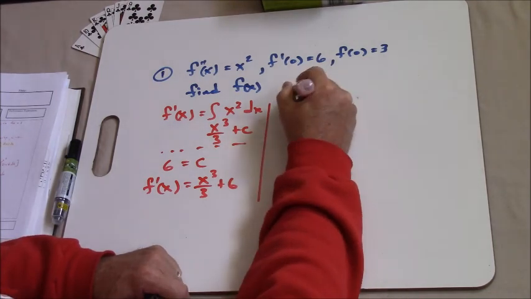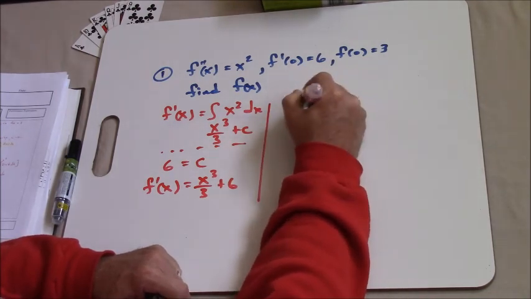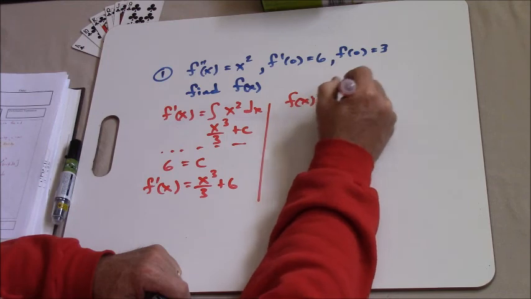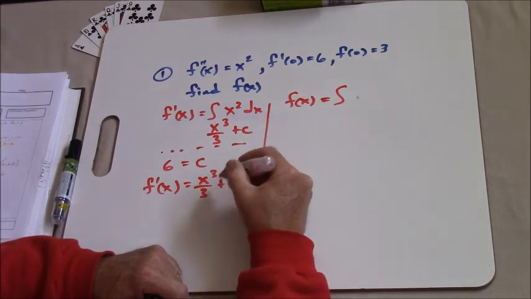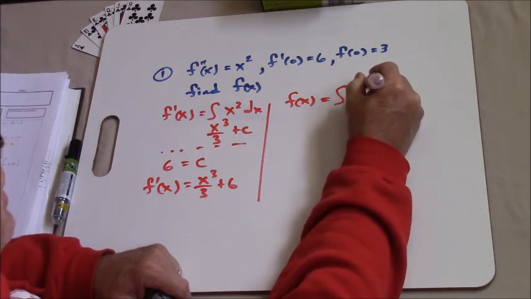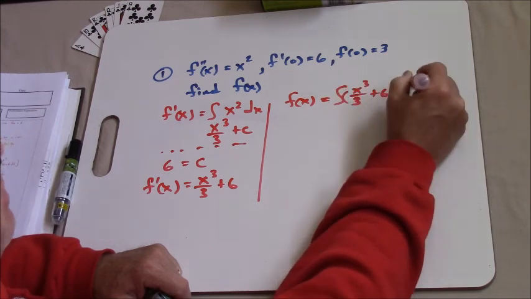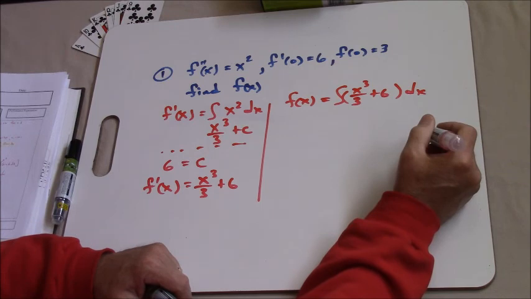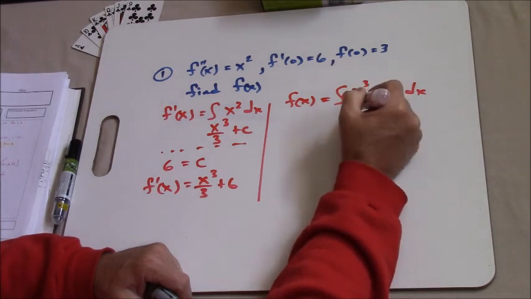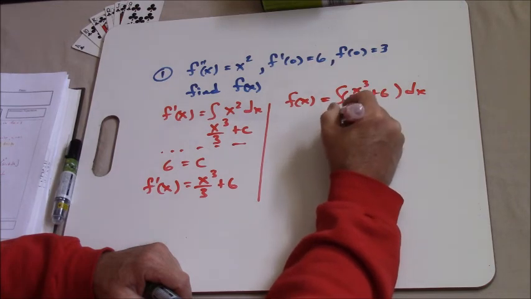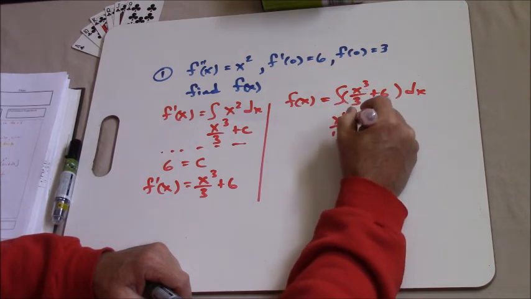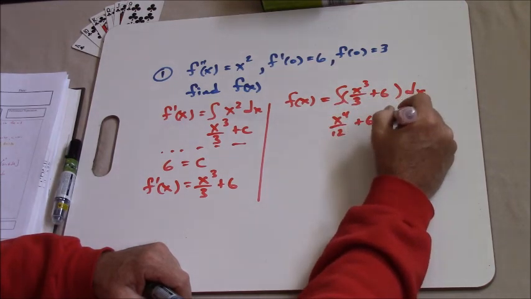Now to get the original function, I need to take the integral of the derivative, which is this right here: x cubed over 3 plus 6 dx. I'll add 1 to the exponent and divide by the new one, so that becomes x to the 4th over 12 plus 6x plus c.